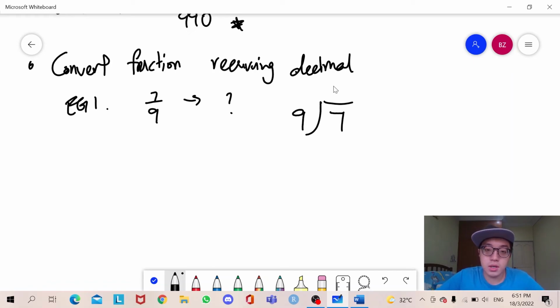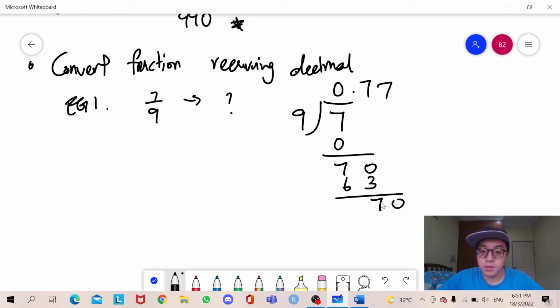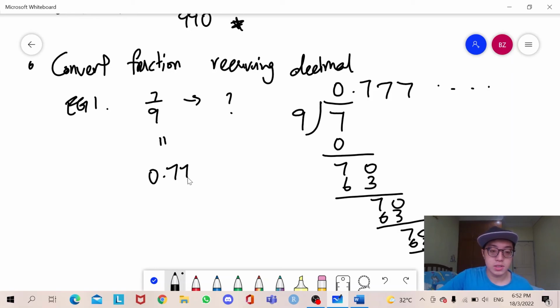First thing first, 7 cannot be divided by 9 because 9 is larger than 7, so it's 0 point. So it's 0 and it's 7, 0 and it's 7. 9 times 7 is 63, and it goes on forever. So from here you can conclude that it goes on the same, and therefore you know that it's 0.777, and it goes on forever. All right, so this is how you convert a fraction back to a recurring decimal, and you can try it for examples 2 and 3.